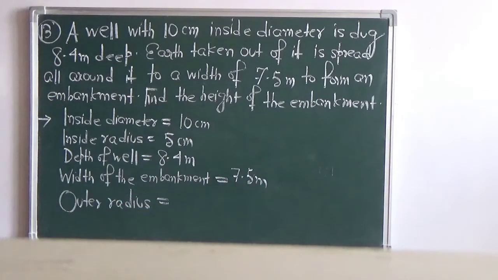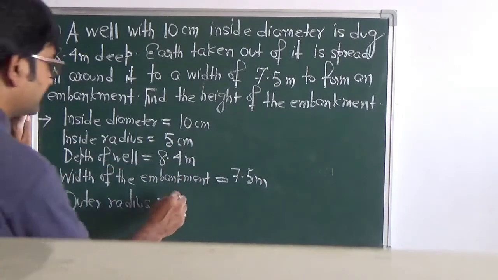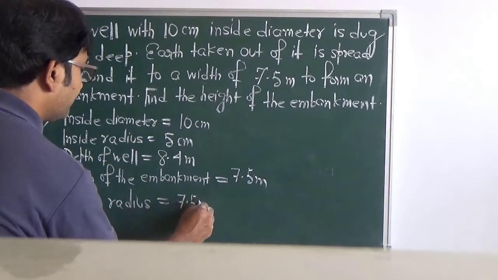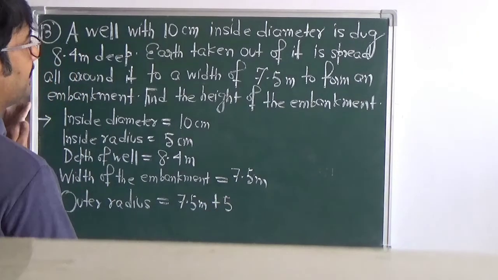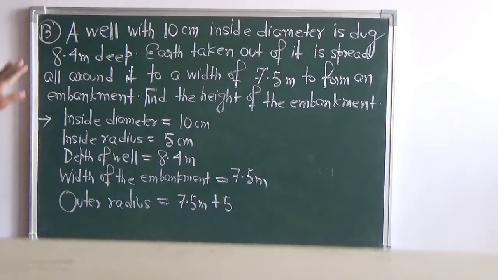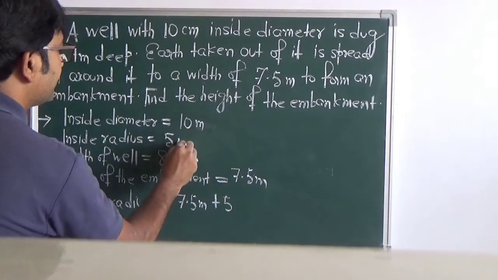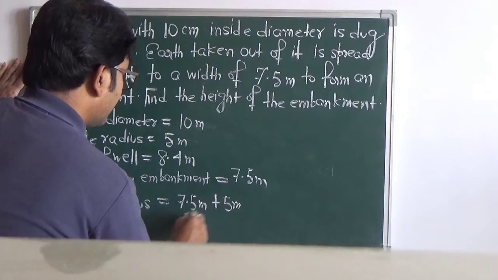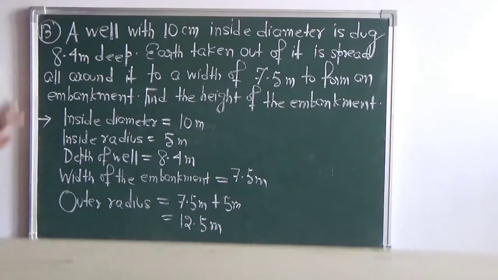This width plus the inside radius. This is 7.5 meters plus inside radius 5 meters. So this comes to 12.5 meters. So we have the outer radius capital R as 12.5, inner radius small r as 5 meters.